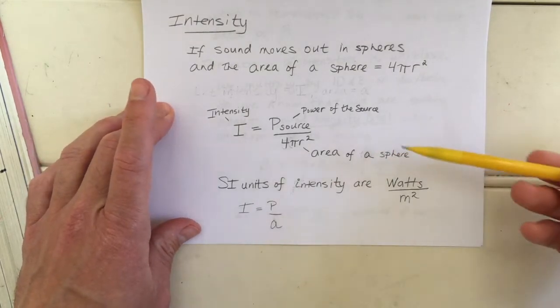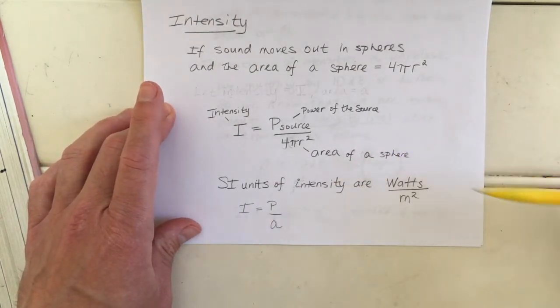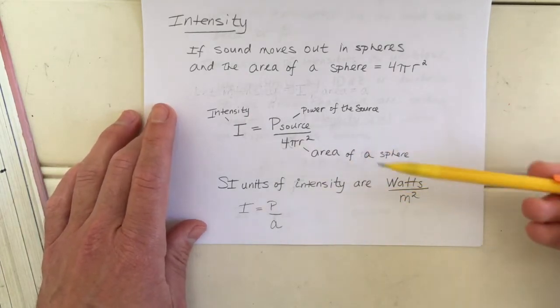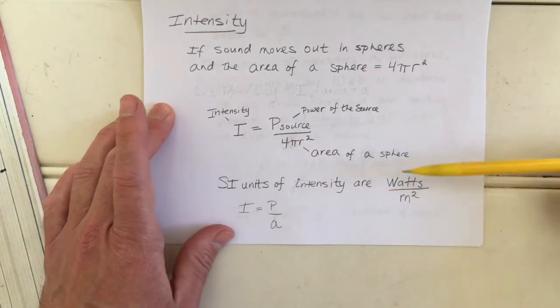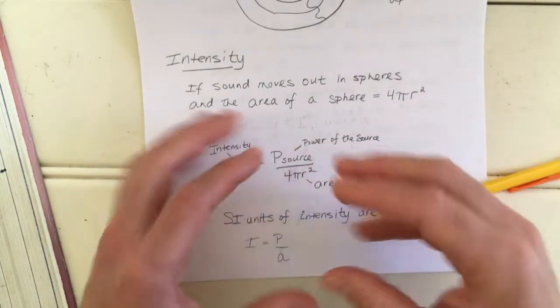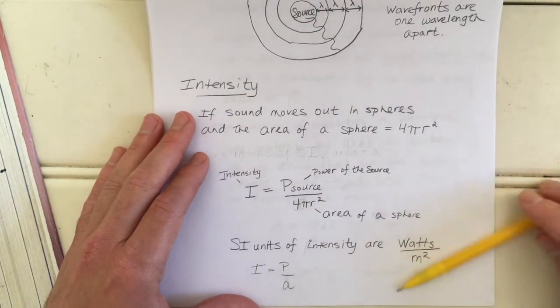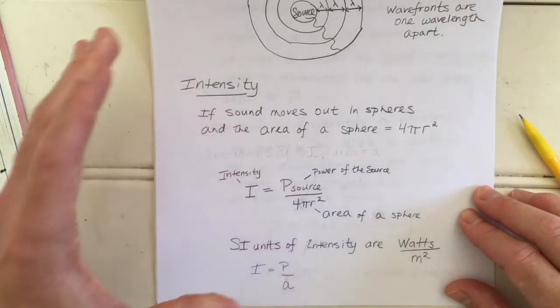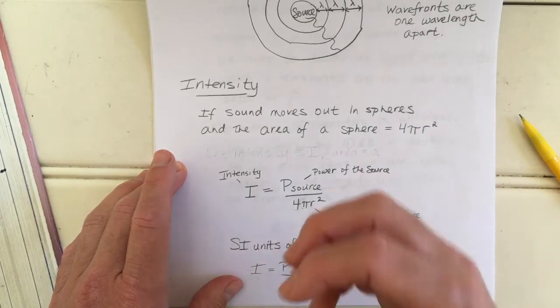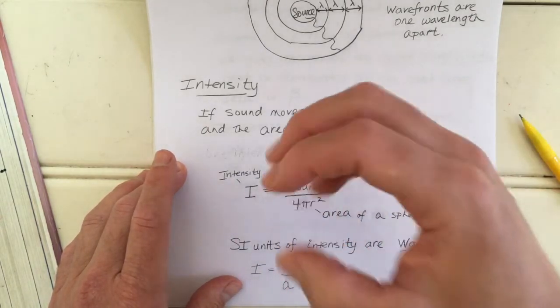Now, does also the area of your ear affect how you perceive the sound? Sure. So we can get a little more complicated than this as well, but we're not going to right now. We're just going to talk about the sound that is radiating out from the source in the form of a sphere, and that area of the sound or the wave front, that sphere being a wave front that hits you.